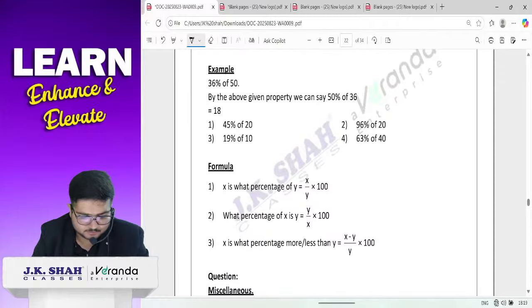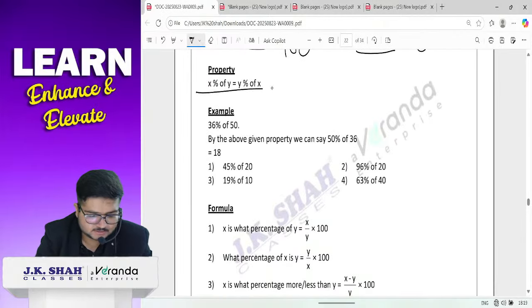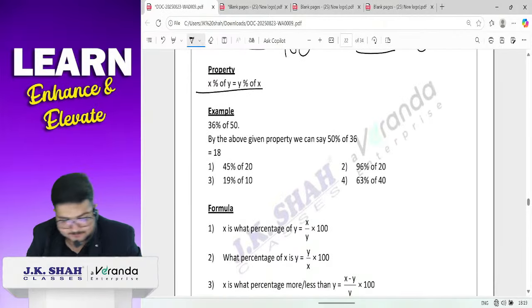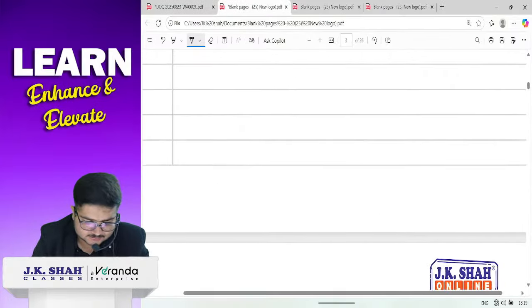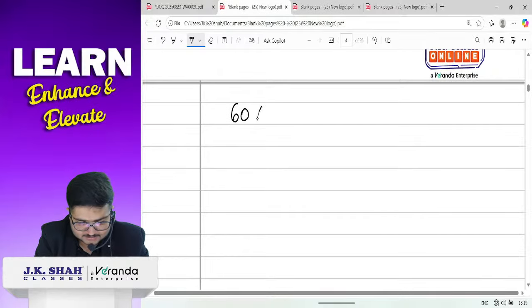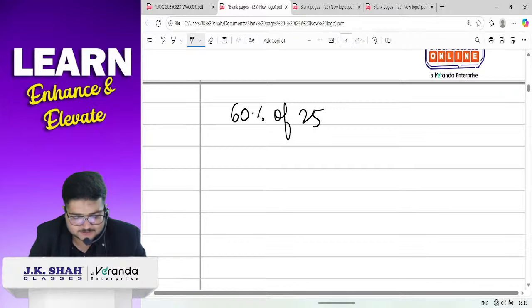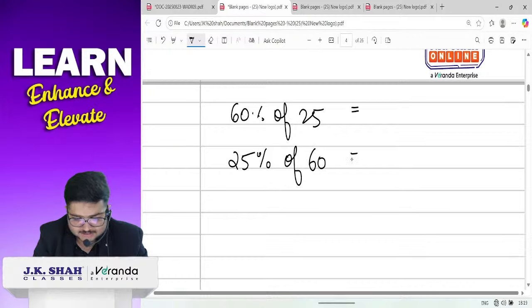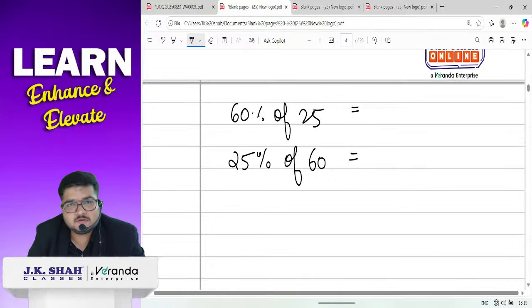Now this is a very important property. The property is called x% of y equals y% of x. What does this mean, sir? This means, for example, you have to calculate 60% of 25, right? If you don't know, then you can calculate 25% of 60, because both answers will be the same. 25% of 60, all of you know, right?